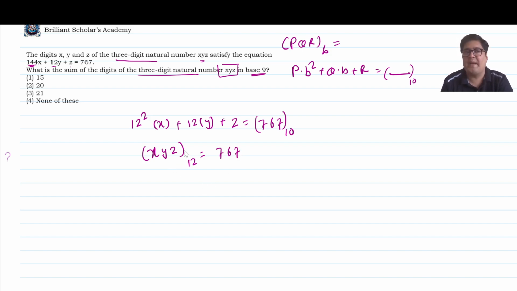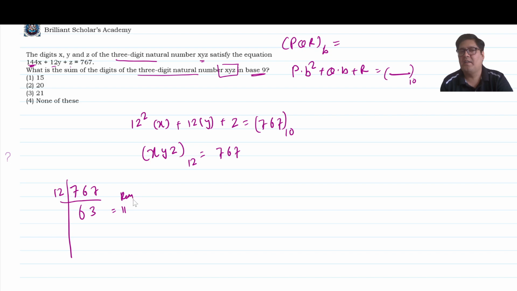Once I know what xyz is, there is one more step. I need to find the sum of xyz in base 9. But first, let us try to find x, y, z. Now, what do we do when we want to convert a number to a different base? We start dividing the number by that particular base, divided by 12. So this is 6 times 72, 4 goes in the carry, 47. 3 times it is 36, the remainder is 11.